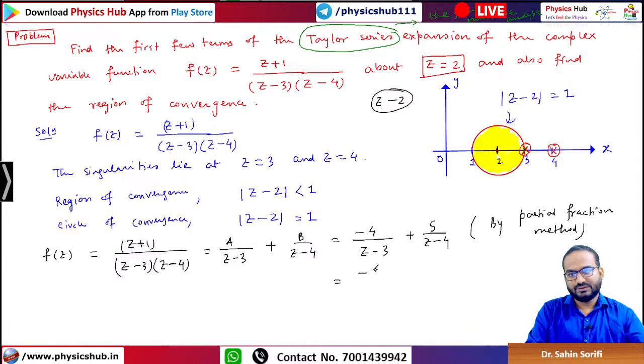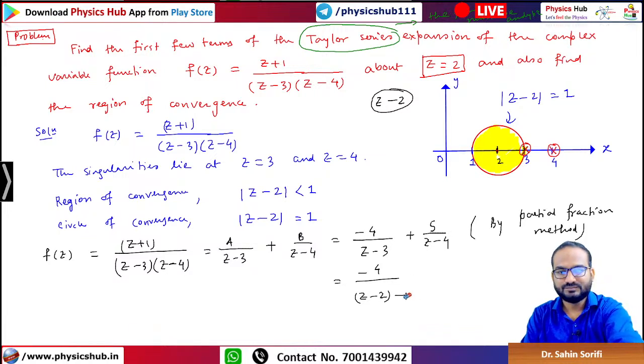So minus 4 divided by z minus 3 is there, so we can write it as z minus 2 minus 1, and z minus 4 you can write as z minus 2 minus 2.